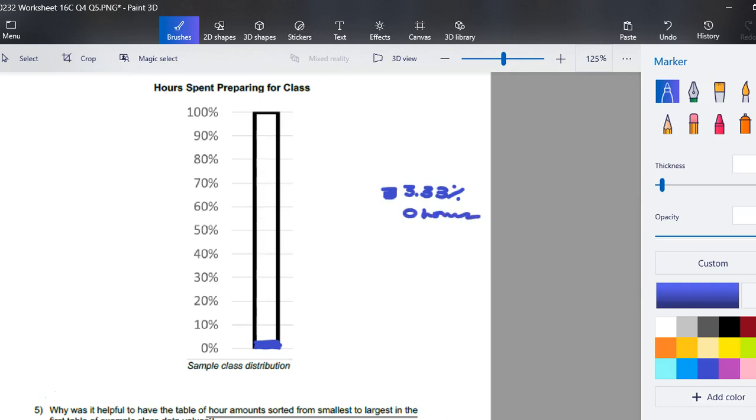Then we had, where are my numbers? We had 40% for the 1 to 5 hours. So the 1 to 5 hours, 40%, 1 to 5 hours of studying. So now I have 3 already there. I'm going to add 40, so that's going to put me at about 43.